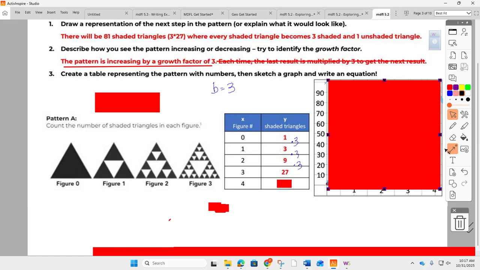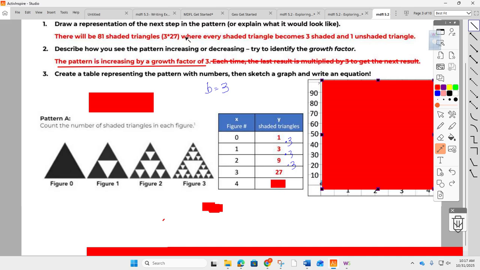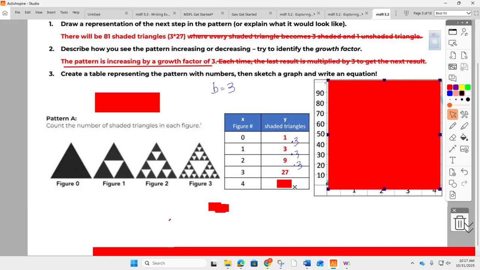So figure 4, there would be 81 shaded triangles. So if the pattern increases from one figure consecutively, 27 times 3 would give us 81.